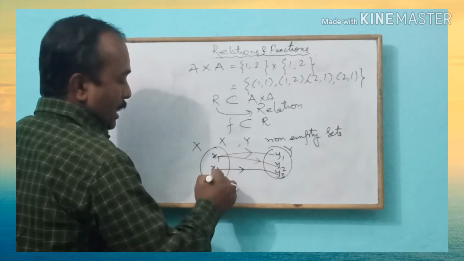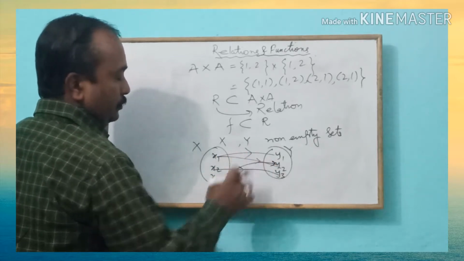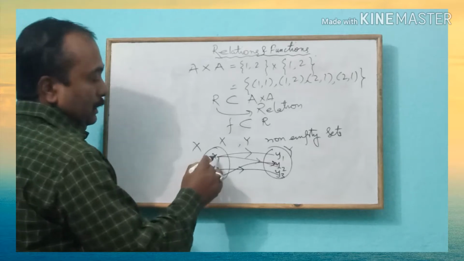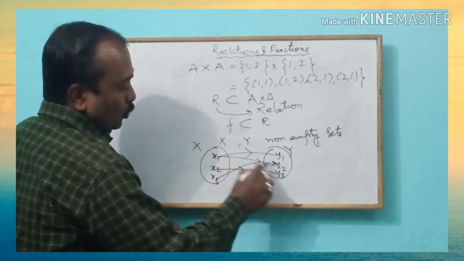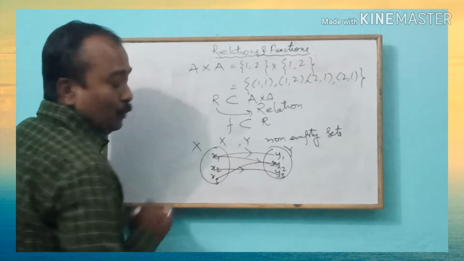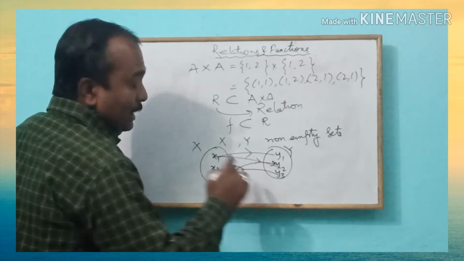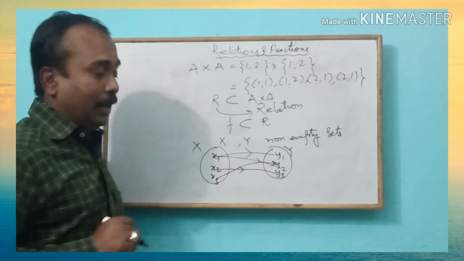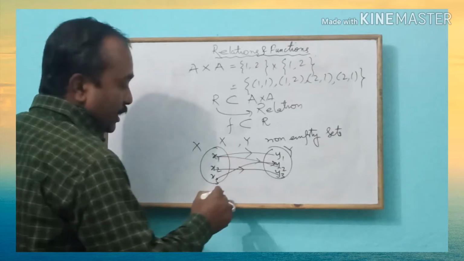Not this one, but this one. And this is not allowed, that is, x1 having a pair with y1 and x1 having a pair with y2. If that is there, then it does not become a function. That means they should be distinct.